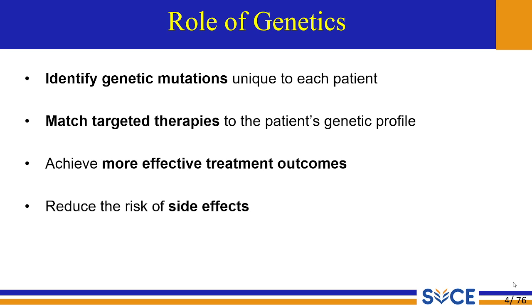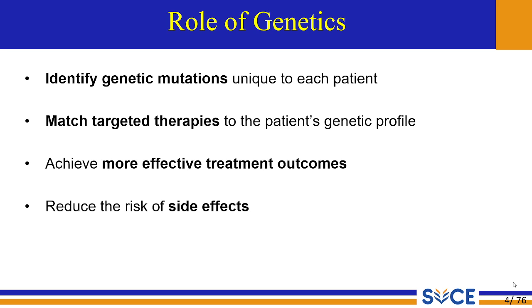Third point, more effective outcomes. With this match, we can achieve more effective treatment outcomes. Patients often respond better and faster because the therapy is designed for their exact condition.